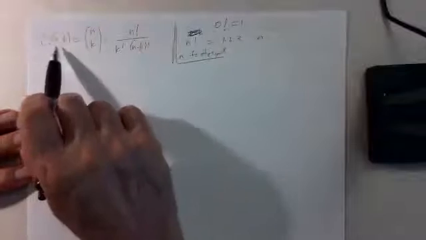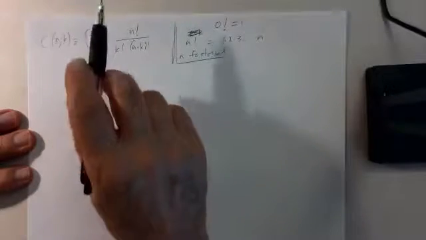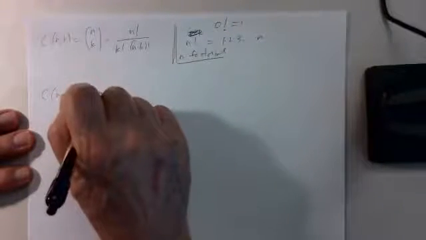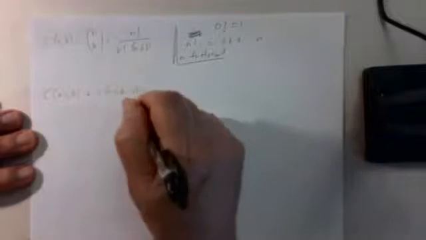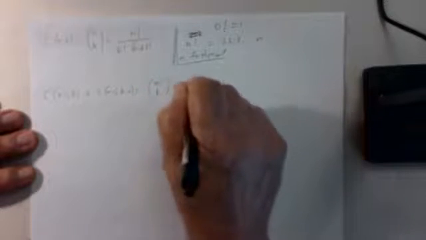So this is the definition of the factorial, and the formula for C of n, k is equal to this. So if you were to write down C of n minus 1, k plus C of n minus 1, k minus 1, that would be the binomial coefficient n minus 1 choose k plus n minus 1 choose k minus 1.